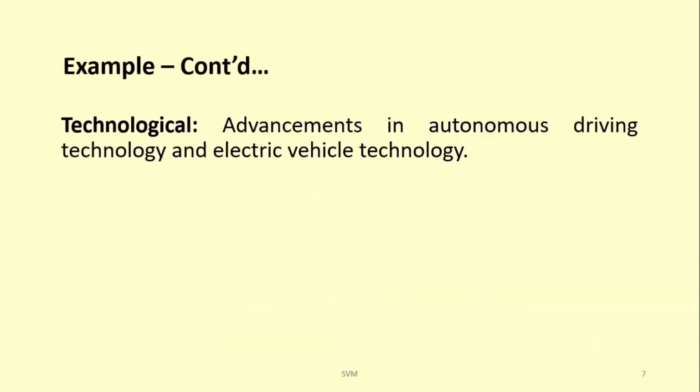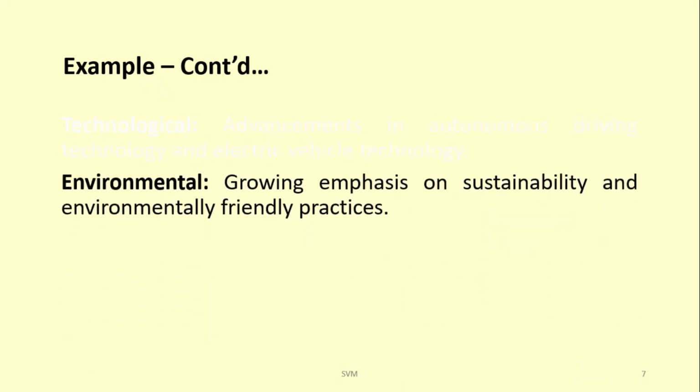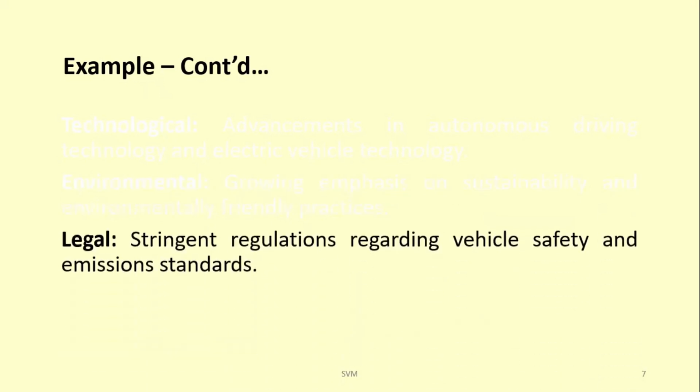Technological: here in the automobile industry, it is advancements in autonomous driving technology and electric vehicle technology. Environmental: growing emphasis on sustainability and environmentally friendly practices. Legal: stringent regulations regarding vehicle safety and emissions standards.